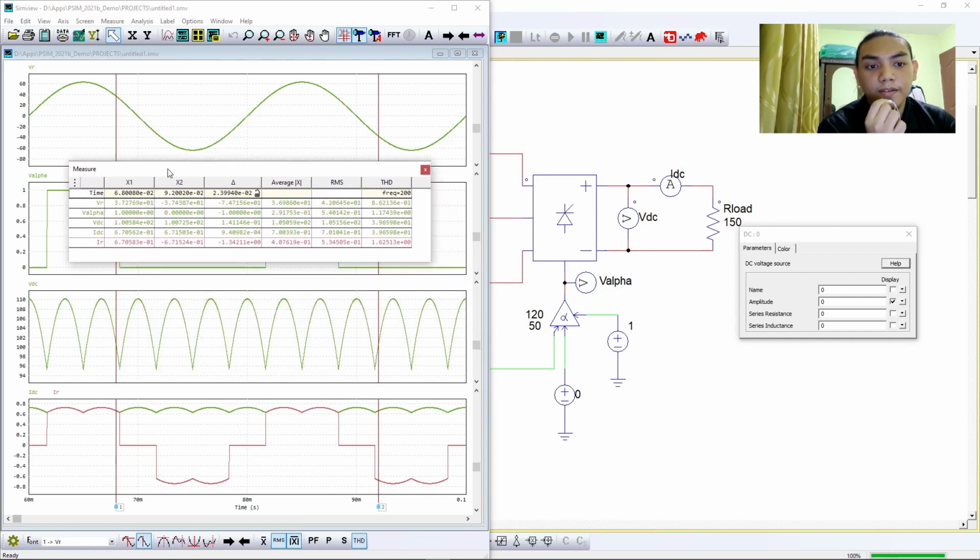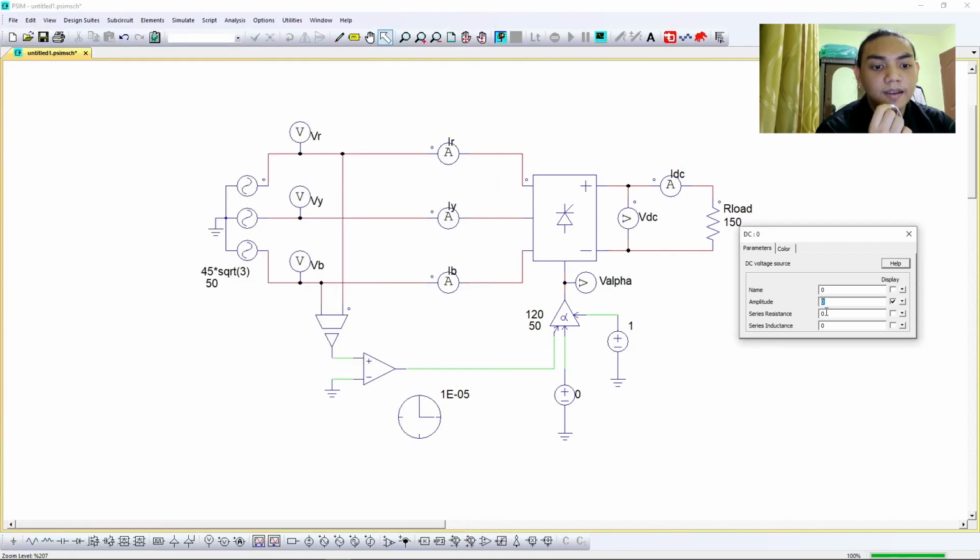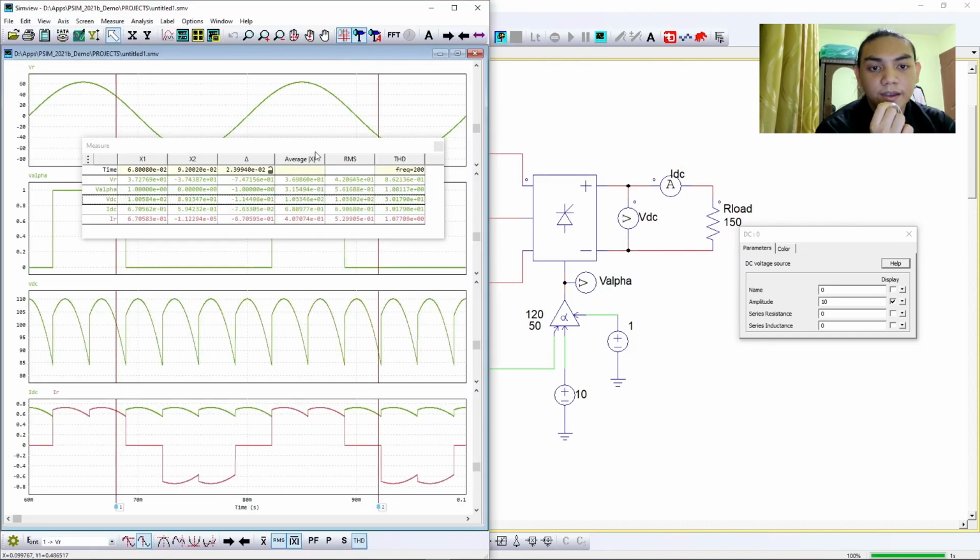Here the value of the VDC average is 105.059. Next, firing angle equal to 10. The value of VDC average is 103.346.